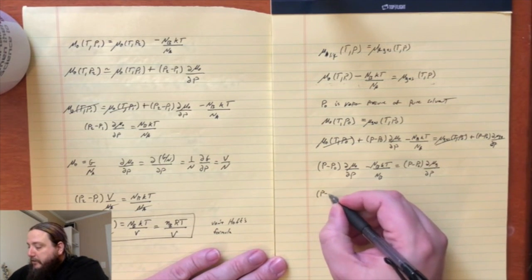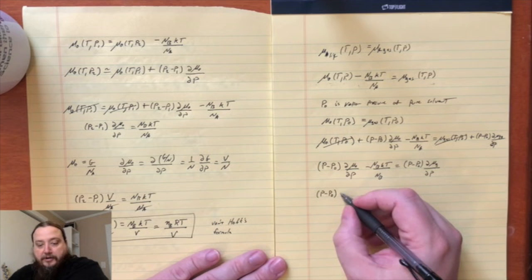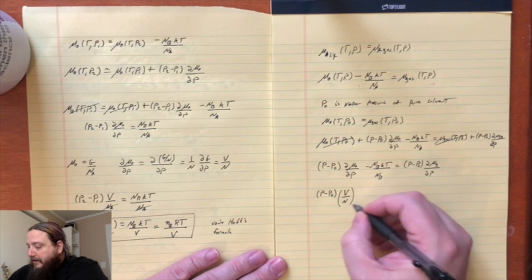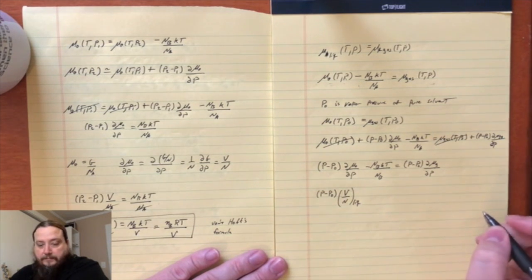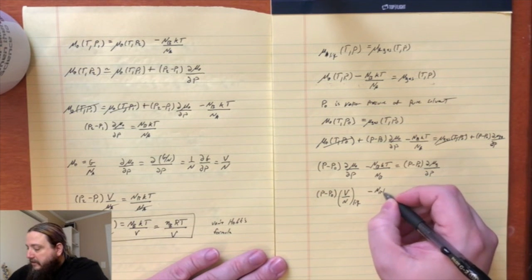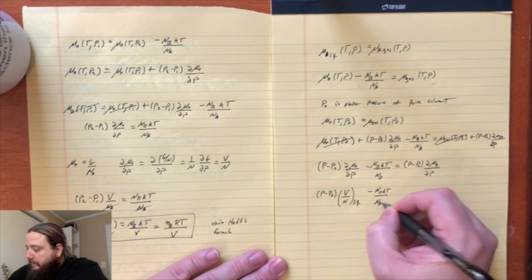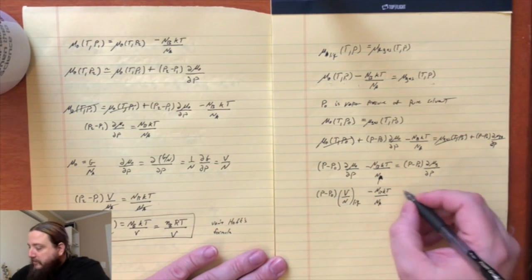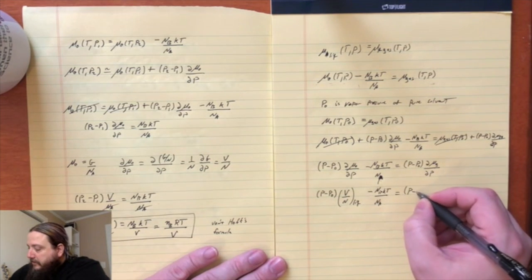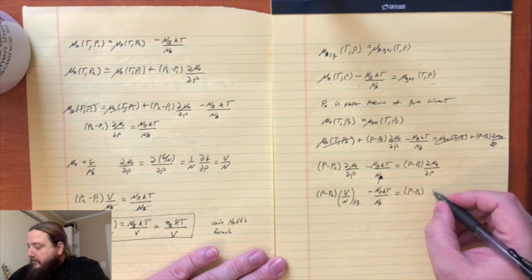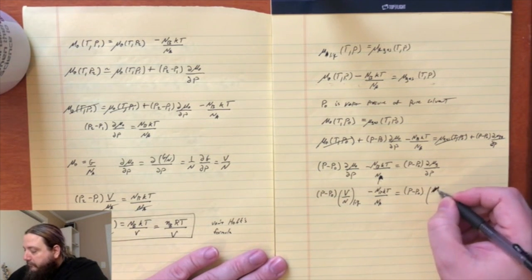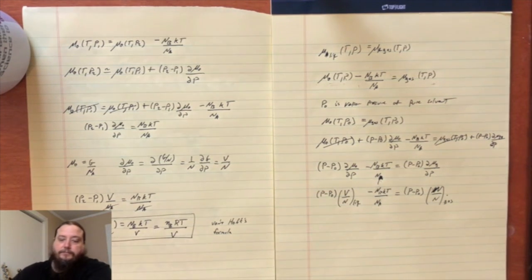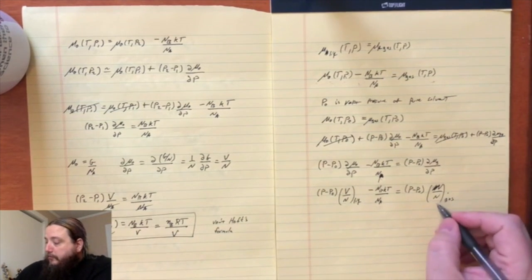And so this becomes the change in the vapor pressure times the volume per particle in the liquid phase, minus N_B kT over N_A, that should be an N_A up there, is equal to the change in the vapor pressure times V over N for the gas phase.